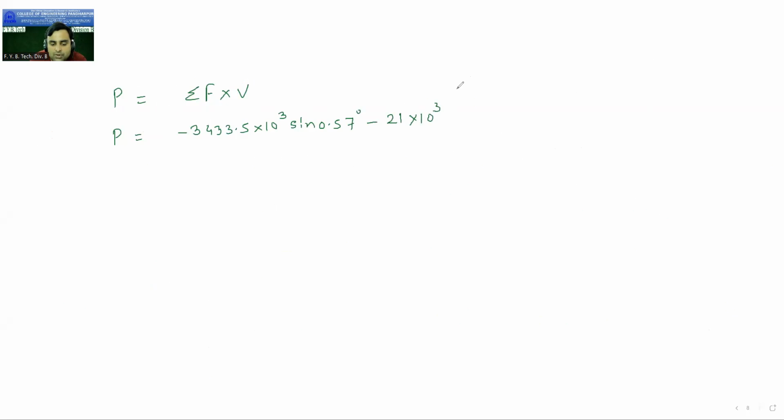This bracket is complete. This is for summation F into V. Velocity is 10. So therefore power is equal to, what is the answer? The answer with me is 551.57 into 10 raised to 3 watt. Joule per second is watt, or Newton meter per second.